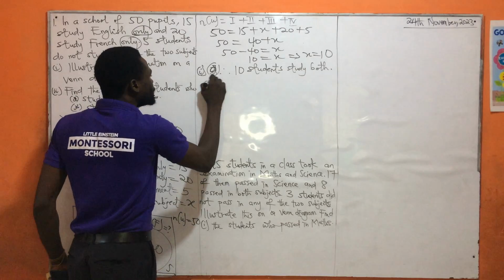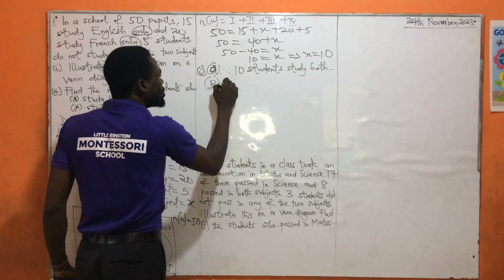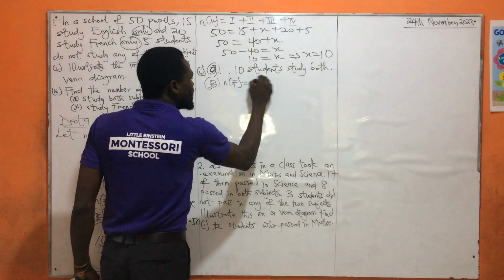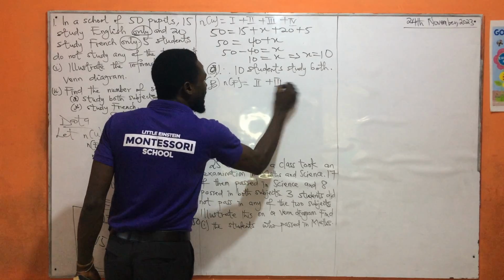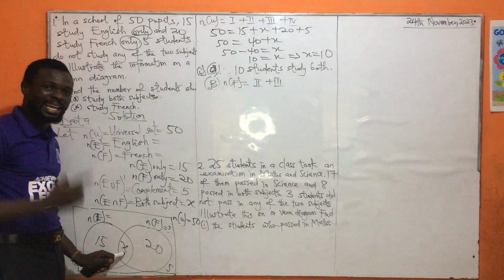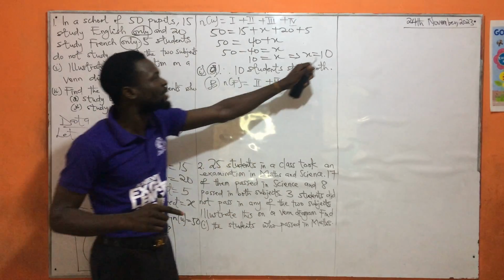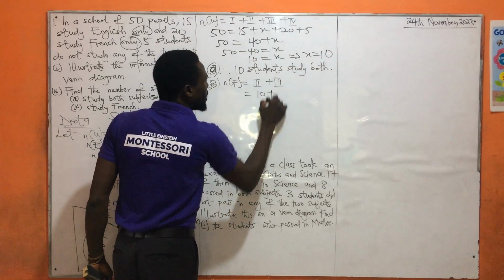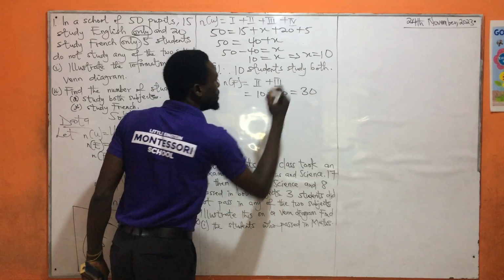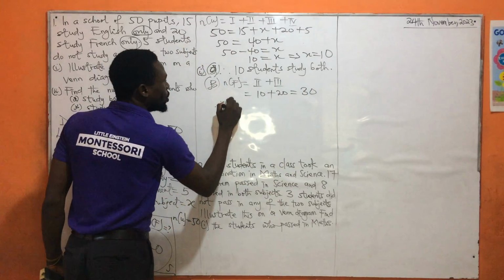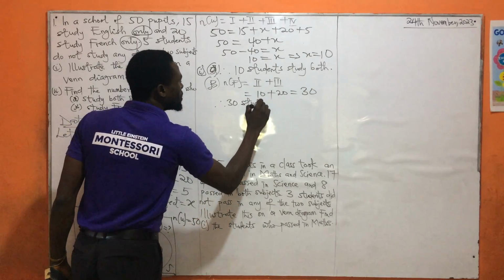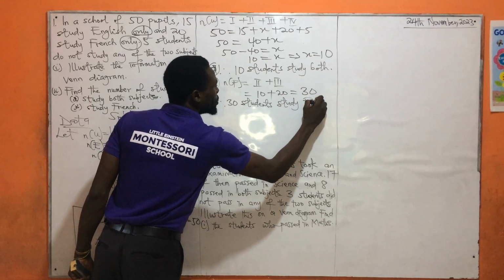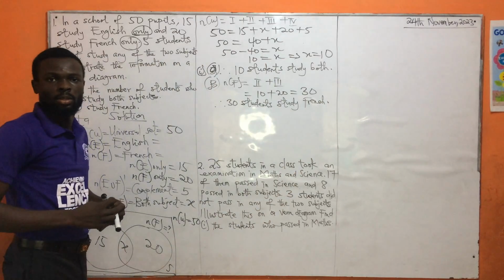So the number F, which is French, is equal to region II plus region III. Region II is X, and I solved to get 10. So this is equal to 10 plus 20. That gives me 30. So therefore, 30 students study French. And we are good to go.